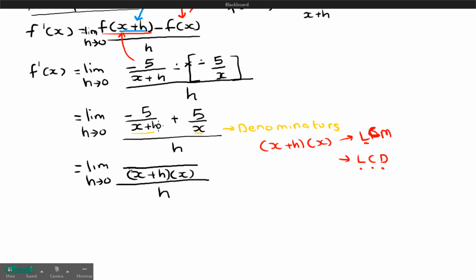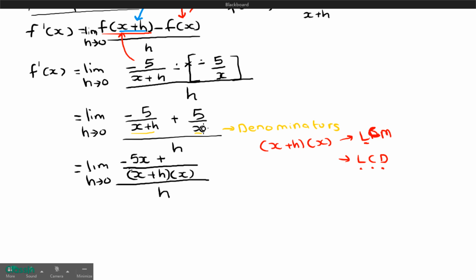How many times does this x plus h go into this x plus h? It goes one time. But if you check, if x plus h and x plus h go one time into each other, on the part of the denominator we're going to remain with x. This x must multiply that 5. Therefore, we have negative 5x plus.